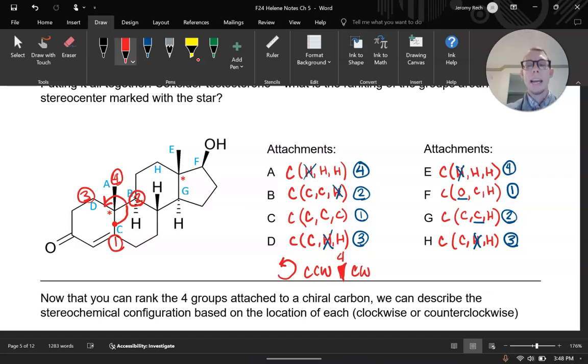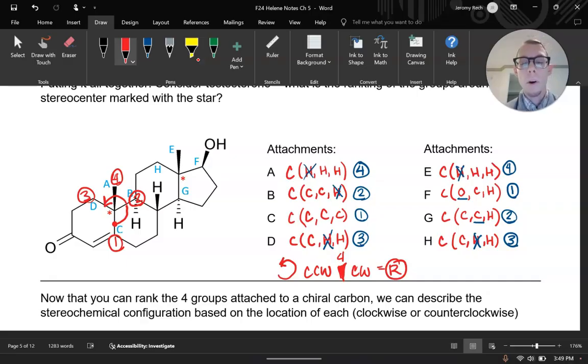So when I rotate it, which I'm not going to do because that's really hard to redraw in a totally different form, it actually becomes clockwise, and therefore I'm going to say it's R. And you'll see that by just recognizing that the fourth group is in the front and not in the back, I can get my assessment without having to redraw it, which is a lot more work.